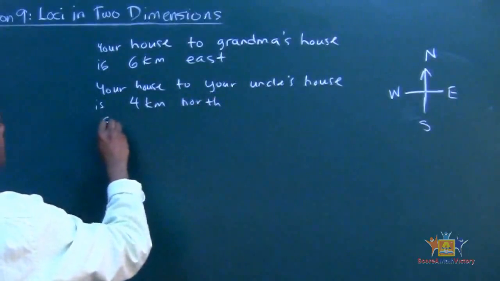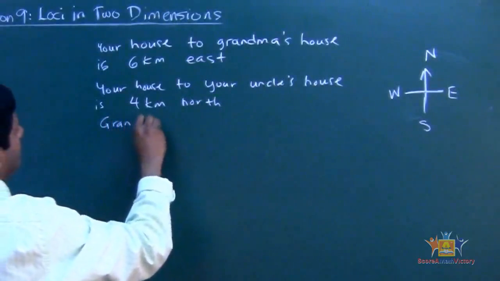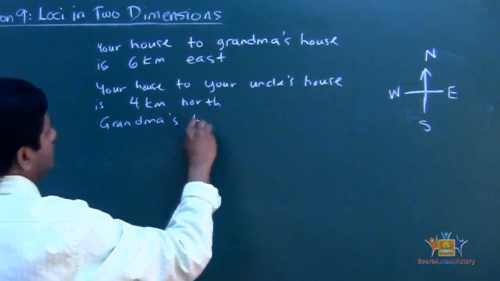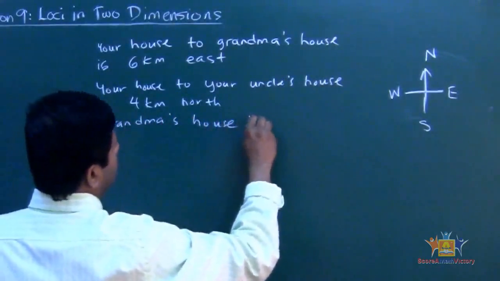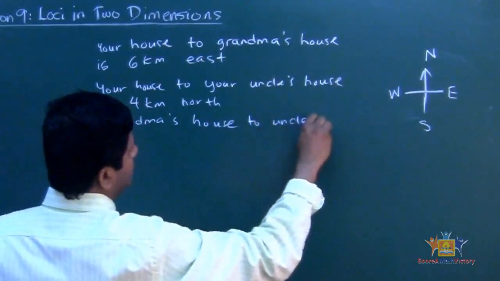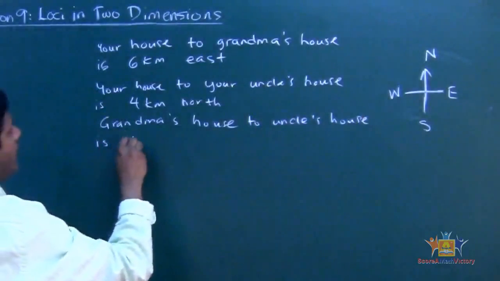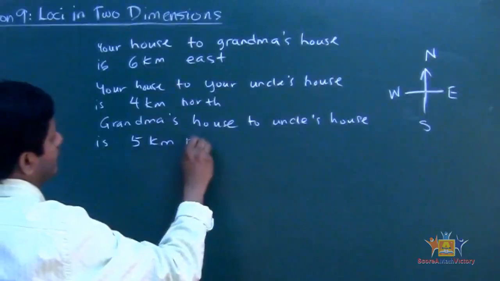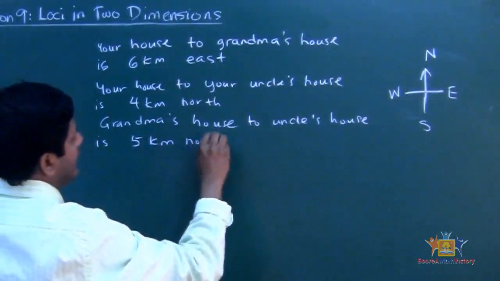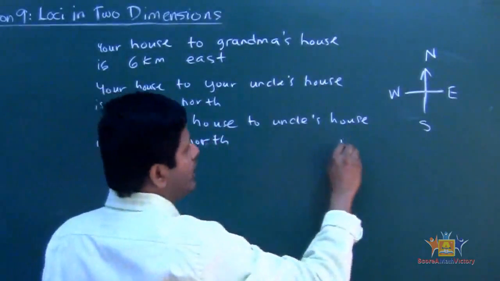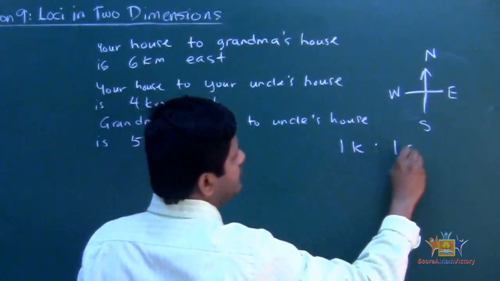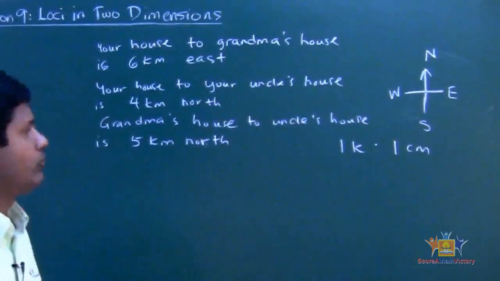And then grandma's house to uncle's house is 5 kilometers north. I want you to scale it in such a way that 1 kilometer is 1 centimeter.